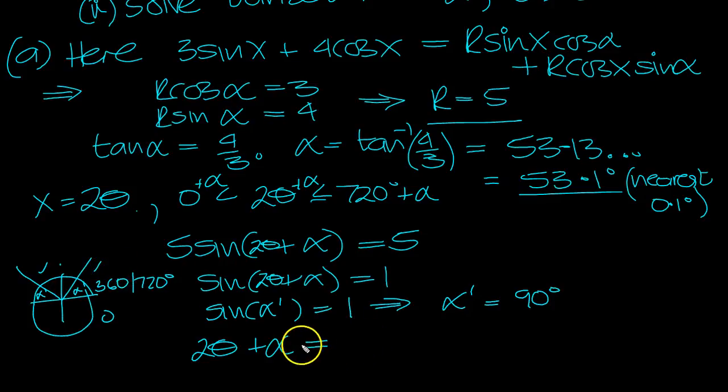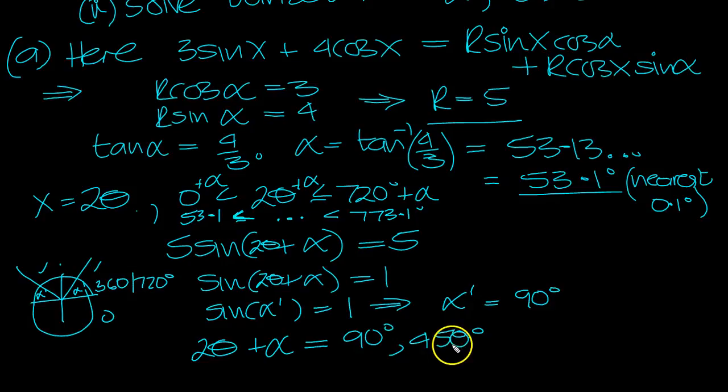So it goes from 53 degrees through to 773.1 degrees. So let's go in this range for these angles. 90, then round again, 450. And then add a 360 to that, and we get 810, which is outside the range 773, so just these.